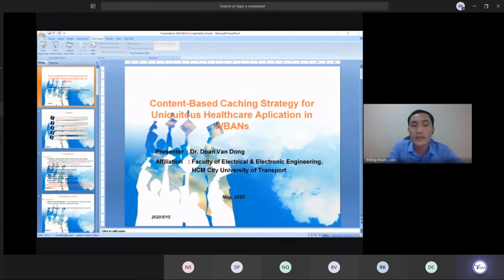You can see in the figure an example with many nodes, one server and three clients. When client 1 needs information, for example a video, it asks the nearby node, node B. Node B says, I don't have it, I ask the next node, node D. D asks B, B asks A. Of course, A doesn't have it, so A asks the server.